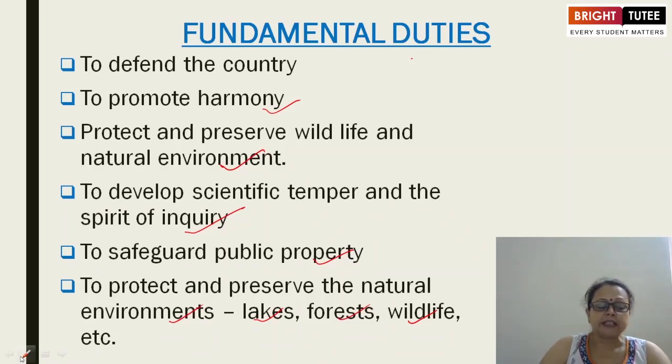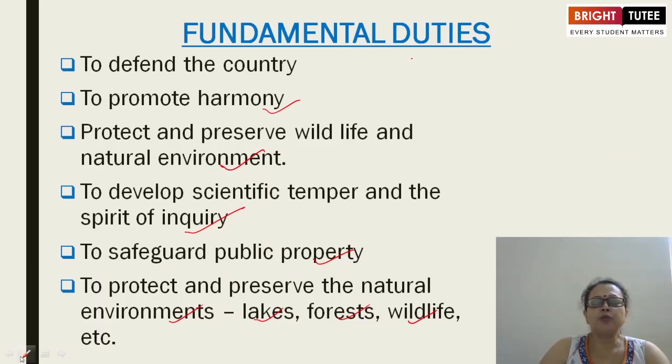Fundamental duties serve as a warning against anti-national and anti-social activities like burning the national flag, destroying public property and so on. They serve as a reminder to the citizens that while enjoying their rights, they should also be conscious of duties. This is the most important significance of fundamental duties.